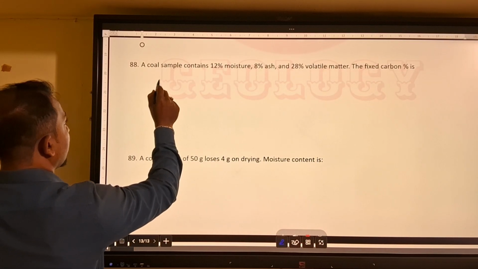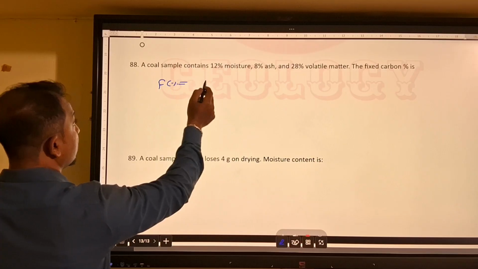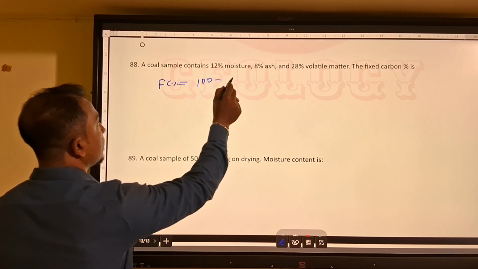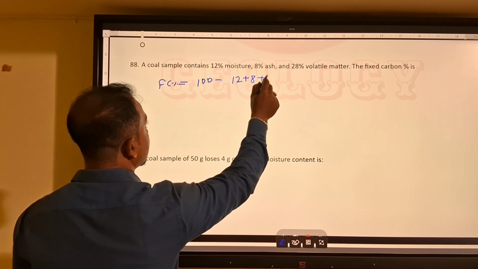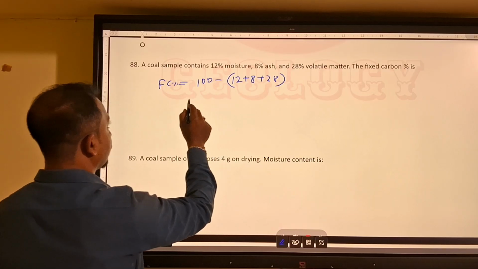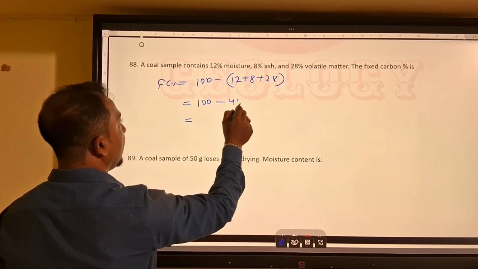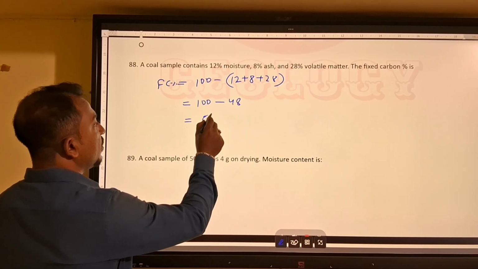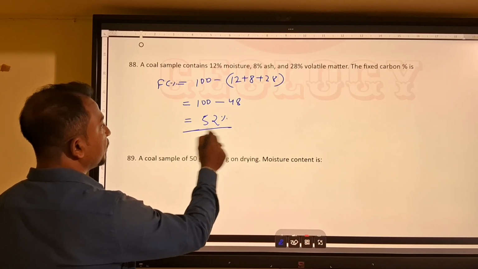This is also the same. Fixed carbon percentage will be 100 minus 12 plus 8 plus 28. It will be 48, so the answer will be 52%.